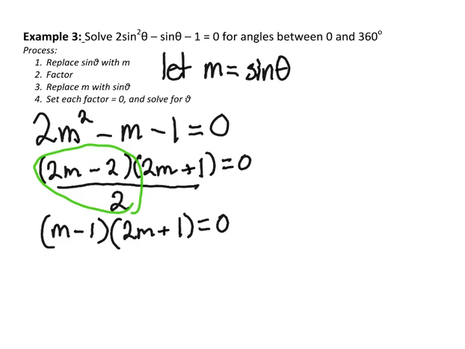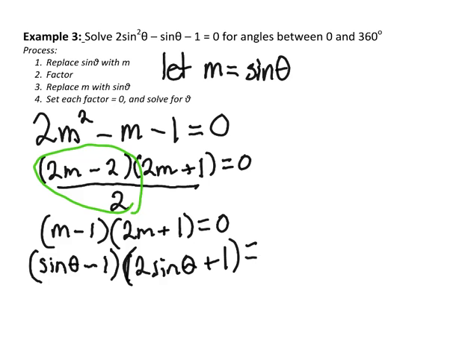So let's bring back the sine theta again. So this first factor is actually sine theta minus 1. And the second factor must be 2 sine theta plus 1 equals 0.